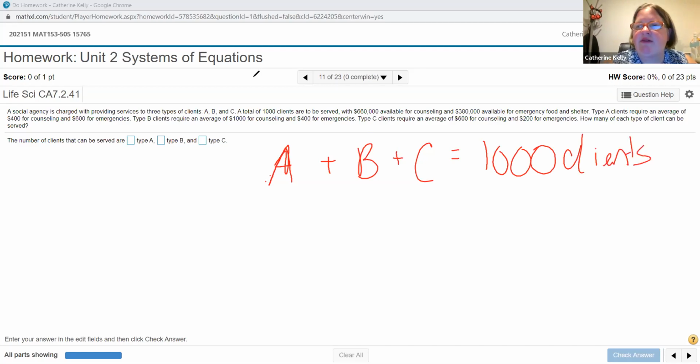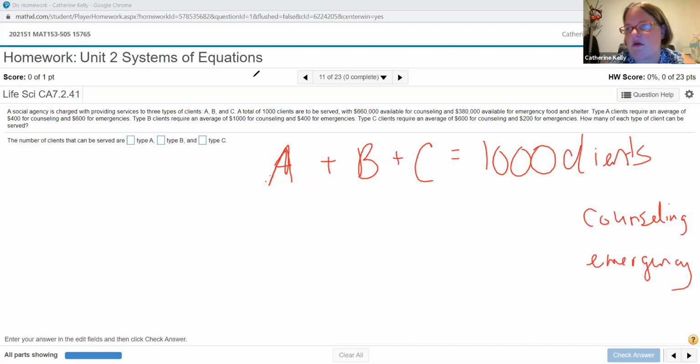They have a certain amount available for counseling and a certain amount for emergency. So I have counseling and emergency. So the first one says that $660 is available for counseling.